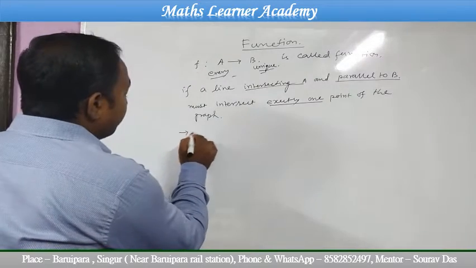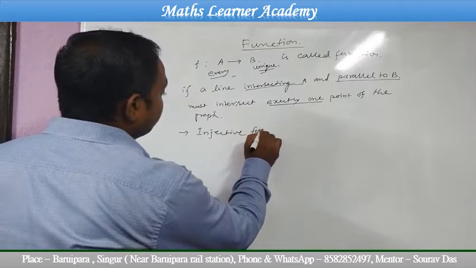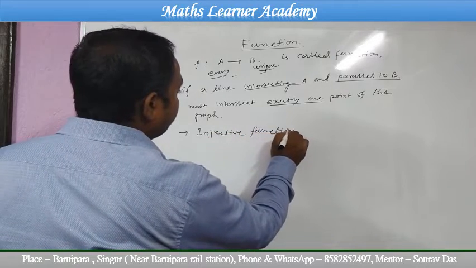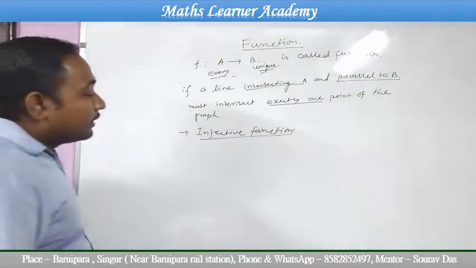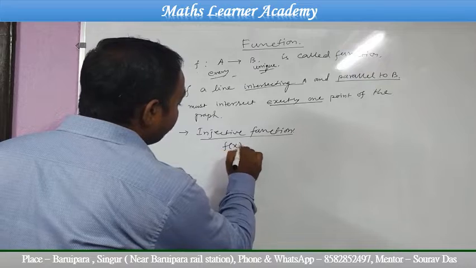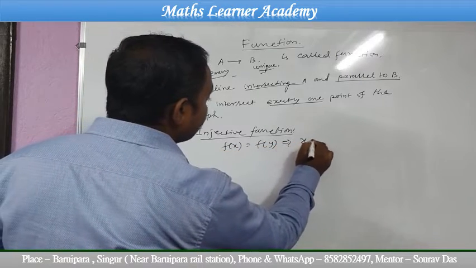Next, I am telling about the injective function. So what is an injective function? In mathematics, a function is called injective if f of x equals f of y implies x equals y.